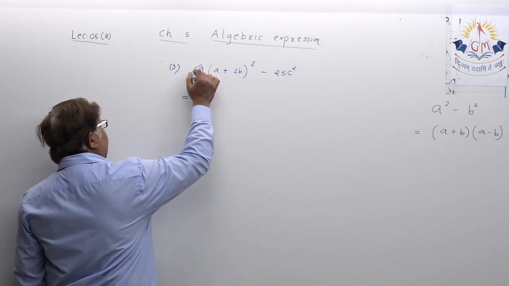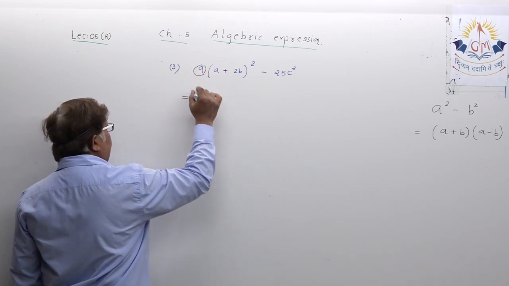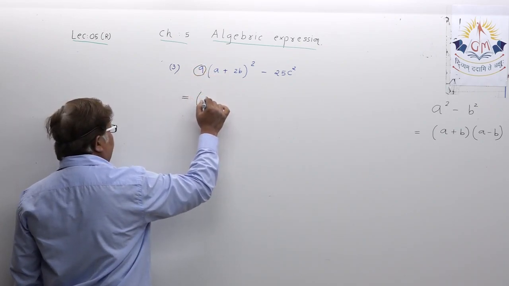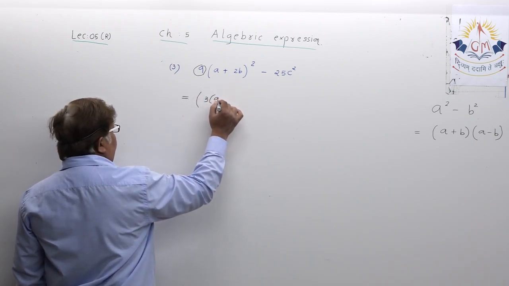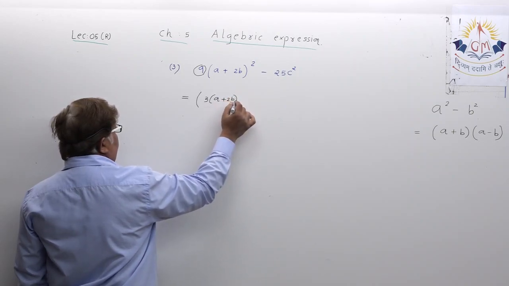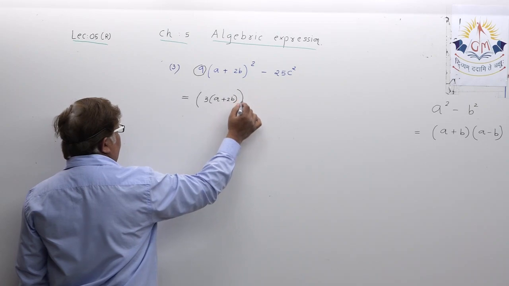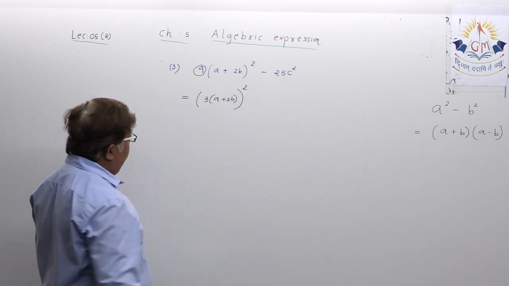Now, dear student, what I am doing, you need to concentrate. What is the square root of 9? Can you tell me? 3. I am writing it here. Square root of this means the bracket itself. Bracket closed and big bracket closed. You see this, student?